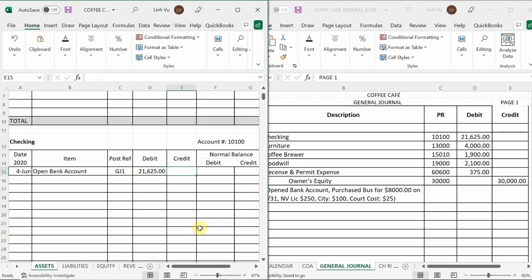So in this case, now that I have this, what's the next column going to reflect? Okay, if I started with 0 and I debit my account by $21,625, what is that going to yield me, a debit balance or a credit balance? Why would it yield you a credit if you debited your account?